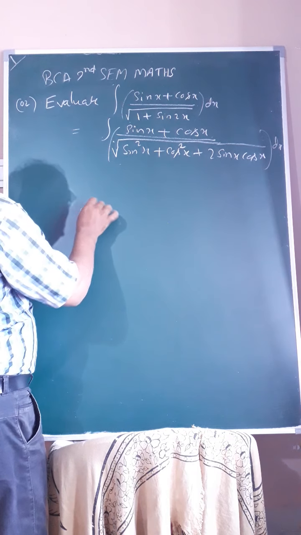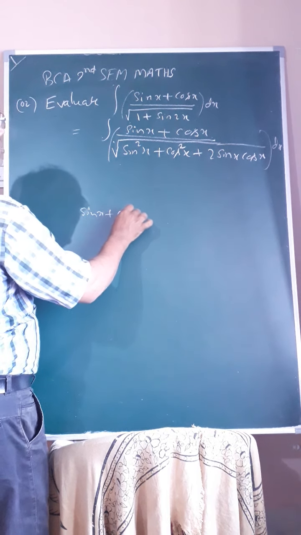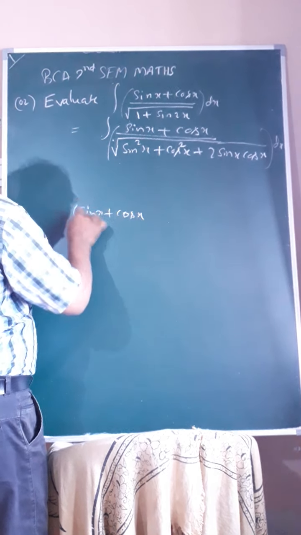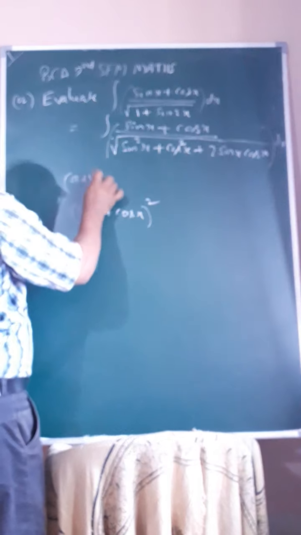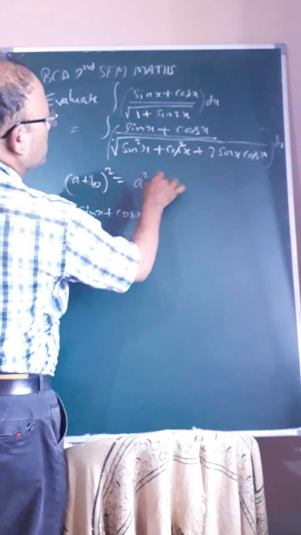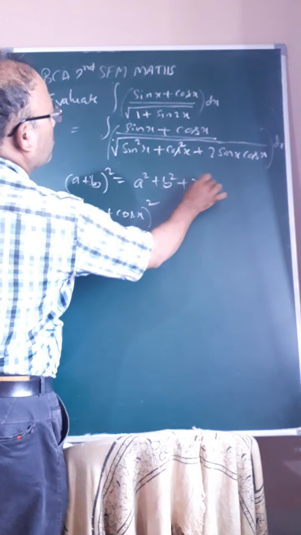Now this can be written as a plus b whole square, that is sin x plus cos x whole square. A plus b whole square formula is a square plus b square plus 2ab.